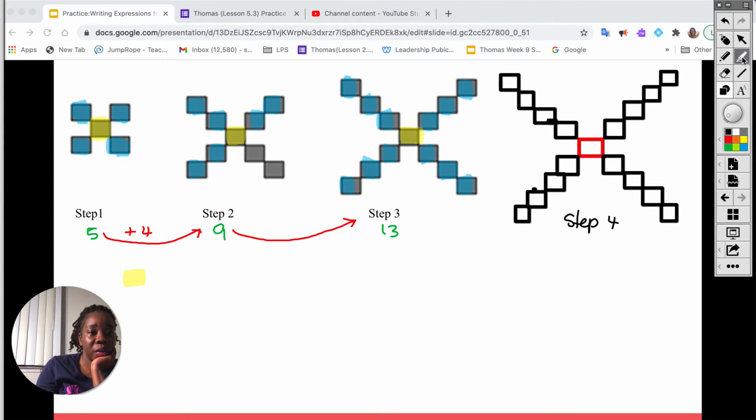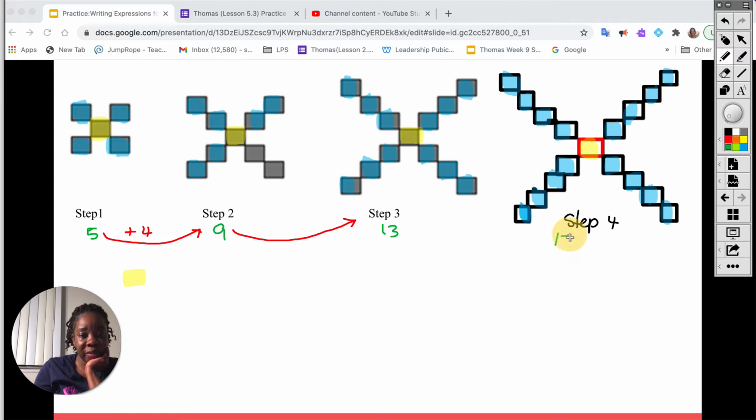So again, what are we noticing? The center is the same, but the number of squares coming from each corner is what's different. So what's our total number of squares here? Well, that is going to be 17.